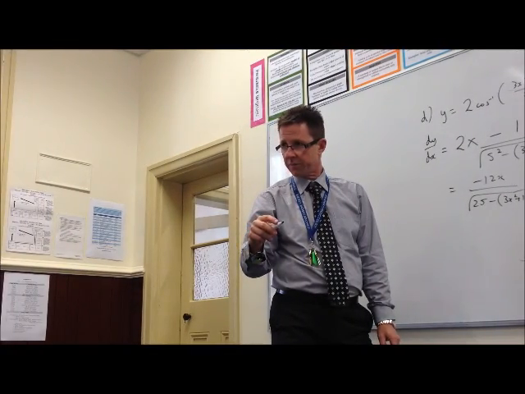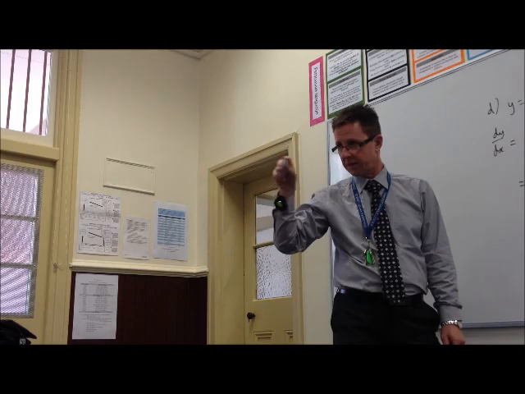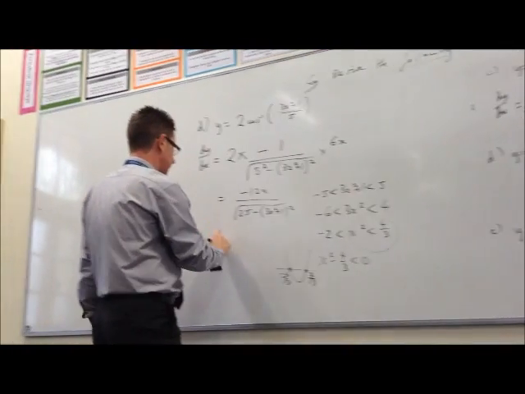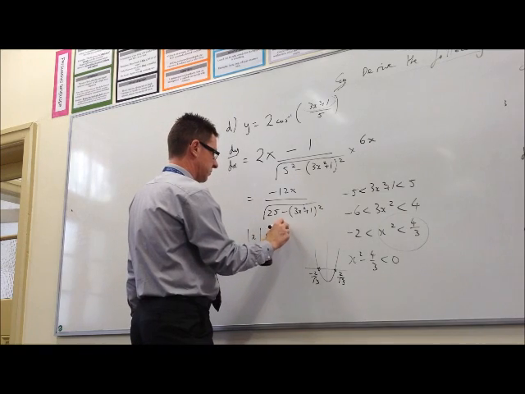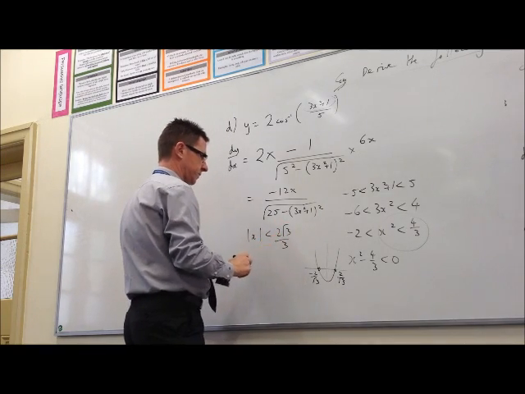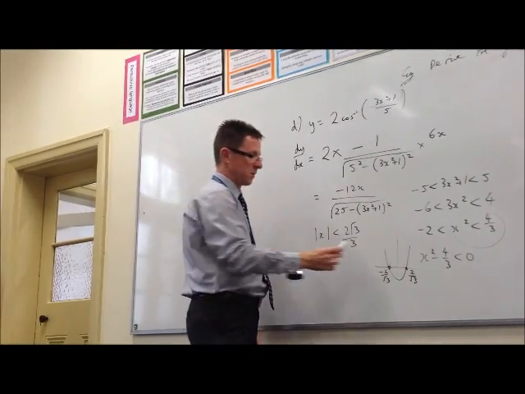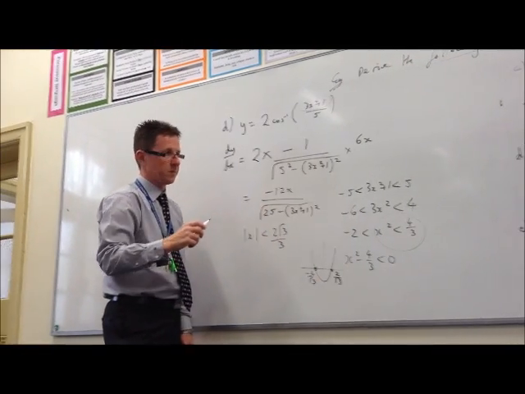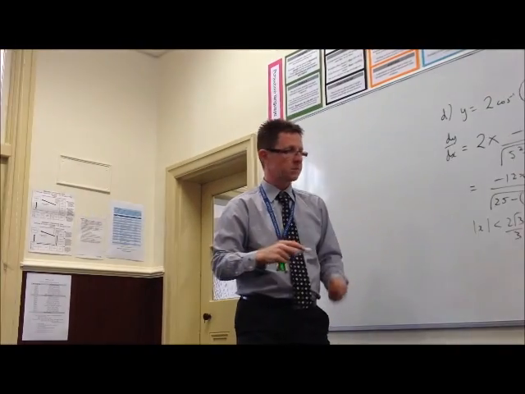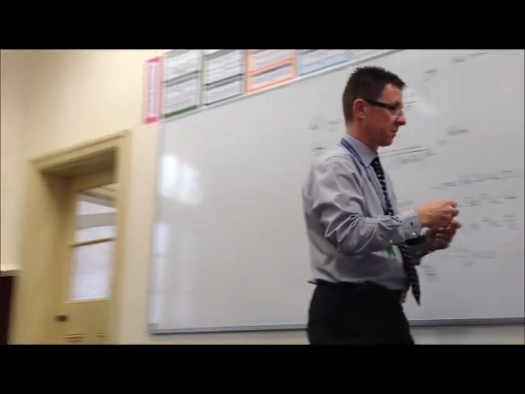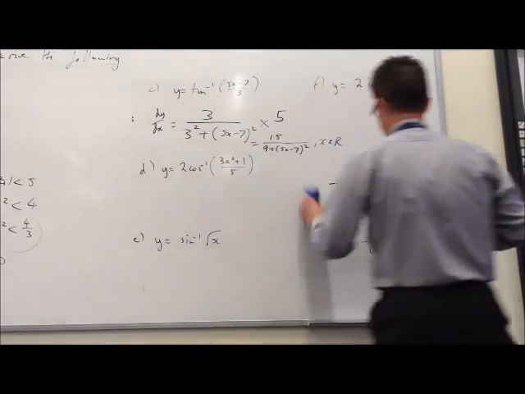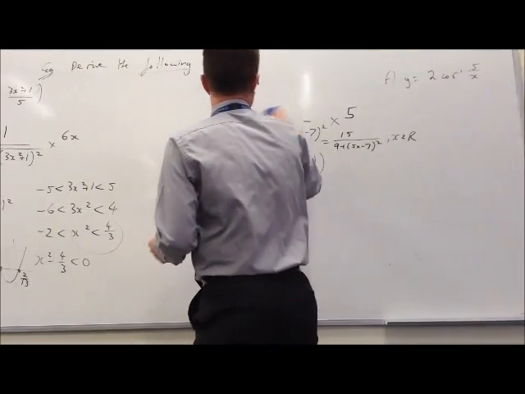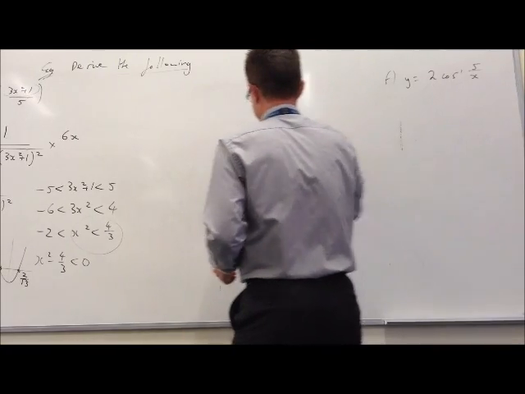Because you said 2 root 3, but it should be 2 root 3 on 3, or you can write the magnitude of x is less than 2 root 3 on 3. It's the same thing. Basically, in there, that'll make this function exist. So the domain is probably the hardest part.